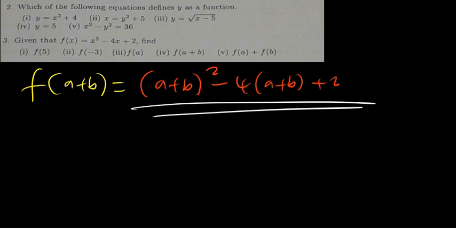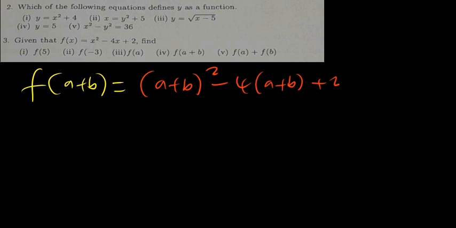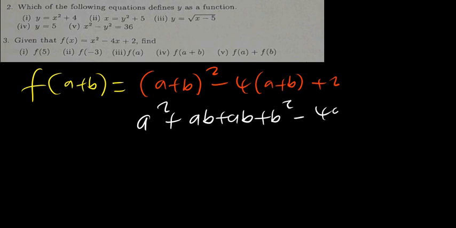But if you want to waste time, you can say a times a is a squared, then ab plus b times a, again ab, then b squared, minus 4a minus 4b, then plus 2.